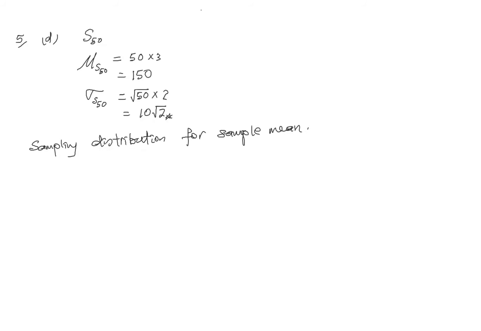So you start with a population X. The population X may be normally distributed, may not be normally distributed. You have the mean, I call it A, and the standard deviation of the population.